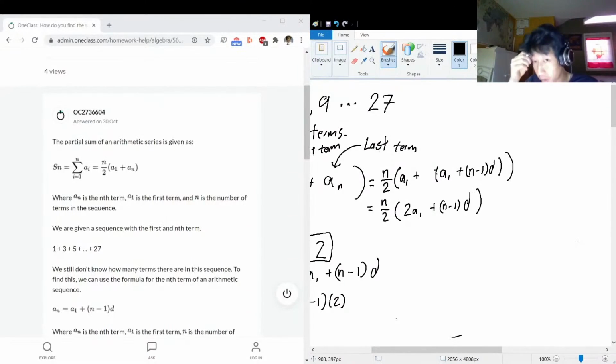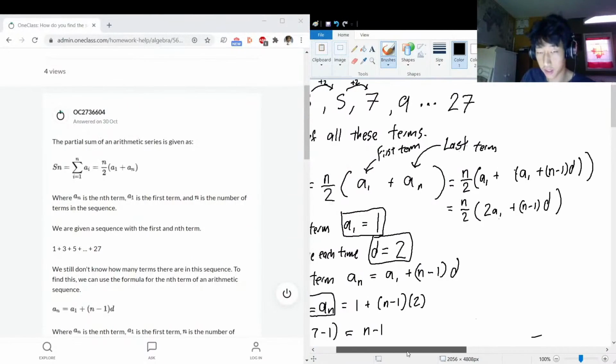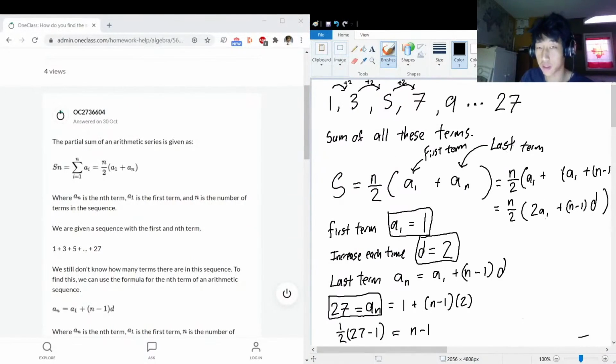So if you don't know directly what the last term is, like if it just says find the sum of the series from the first term all the way to the 25th term, you don't actually need to find out directly what it is. So use these different equations whenever you feel comfortable.